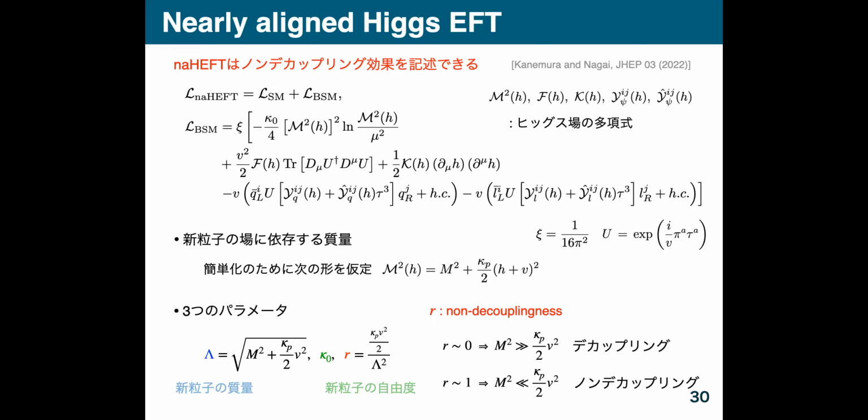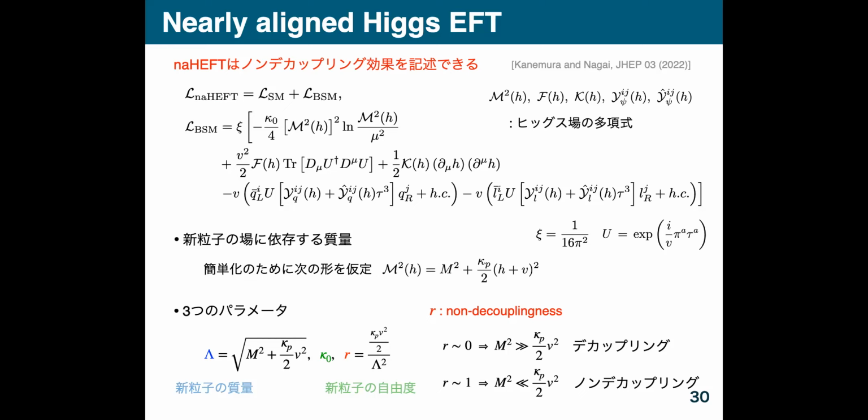So where do these effects appear in your EFT? In this EFT, we did not take such effects into account. As you pointed out, there is a possibility that the new physics effect appears at the tree level. In order to describe such a model, we should extend this EFT. In this EFT, we assume that the new particle only appears in the loop.